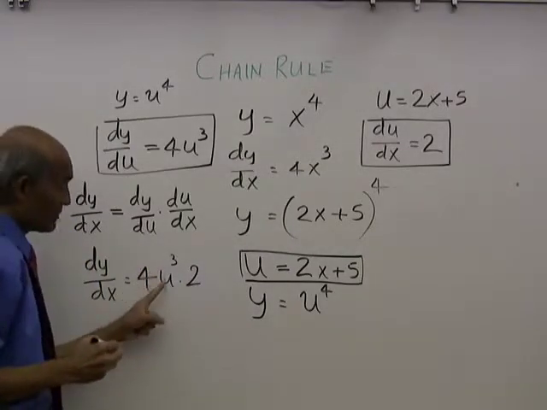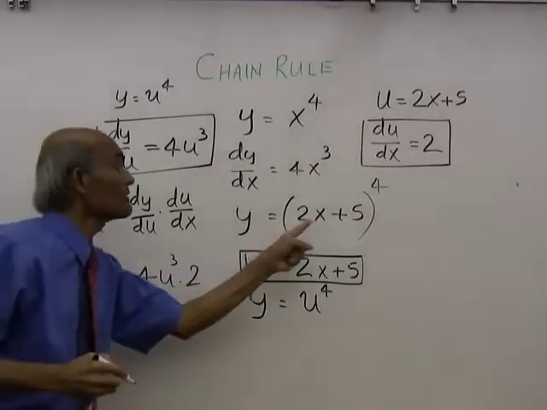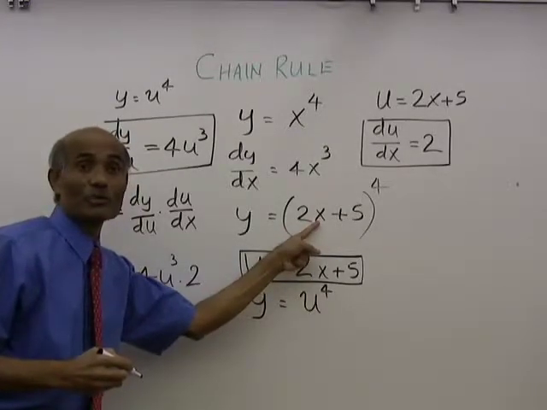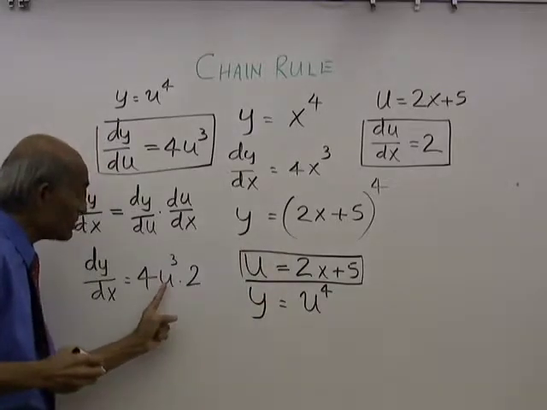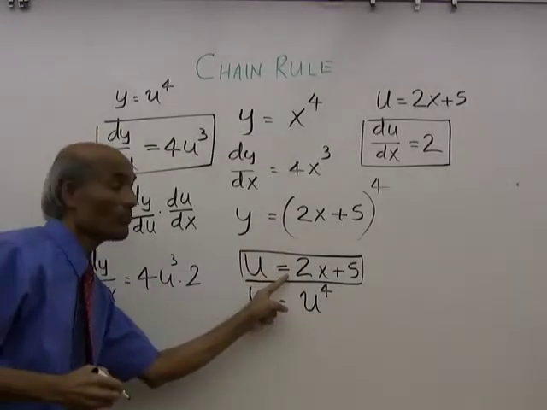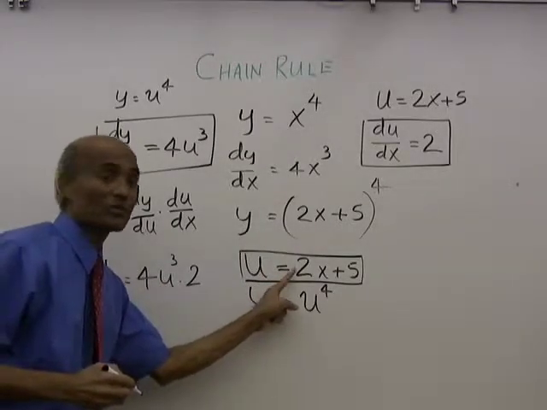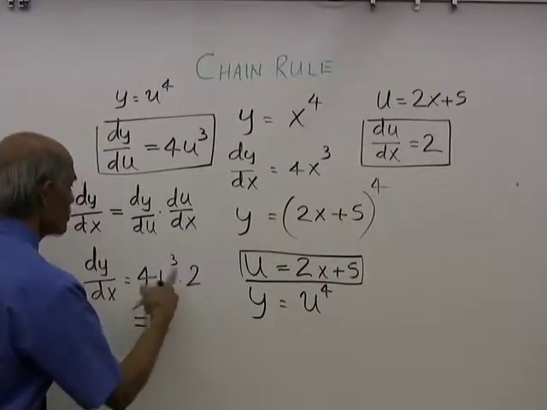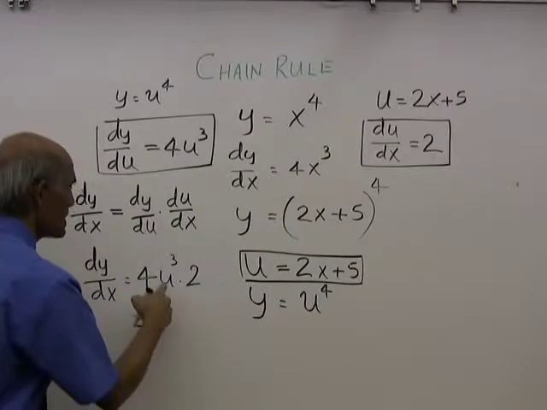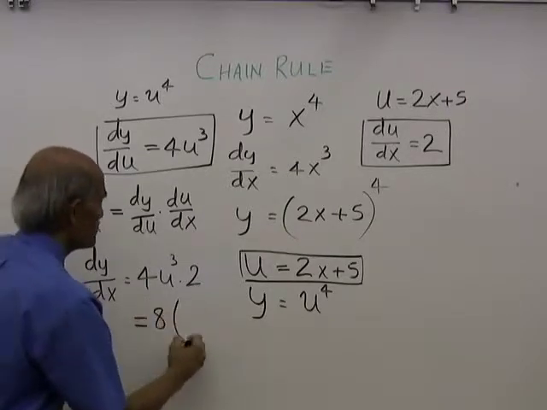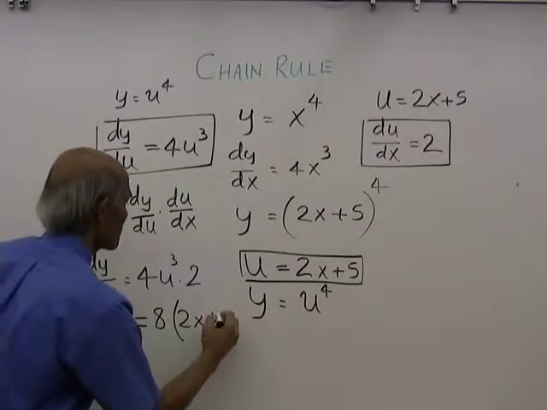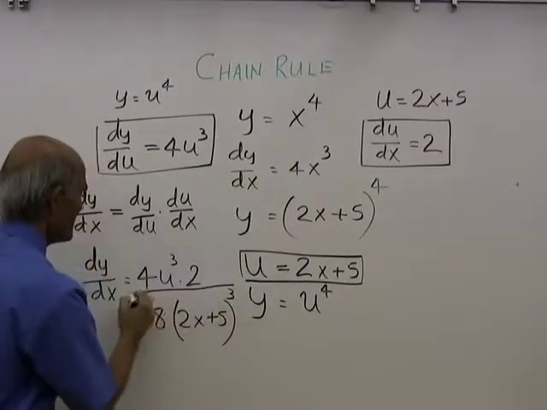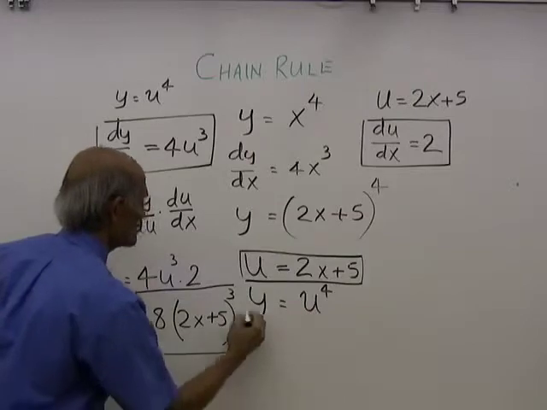But remember, we don't have a u in the original expression, and therefore, to produce our result, we need to replace this u by this quantity. What is our u equal to? 2x plus 5. So our result will be 4 times 2, 8, times u cube. u is 2x plus 5, raised to the power of 3. And that is our final result.